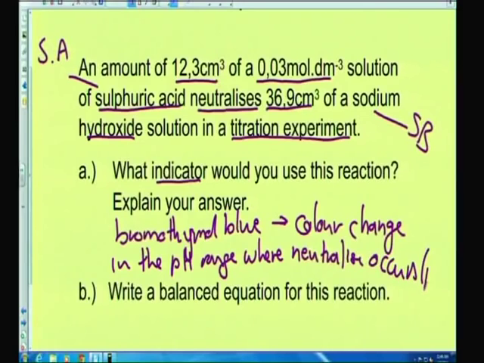Remember, this is about pH 7. We're talking about neutralization here, where every acid molecule is reacted with a base molecule, and they've cancelled each other out. So we've got an equal number of acid hydrogen ions and hydroxide ions.